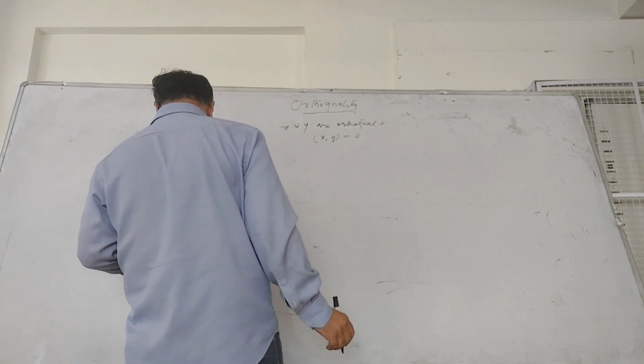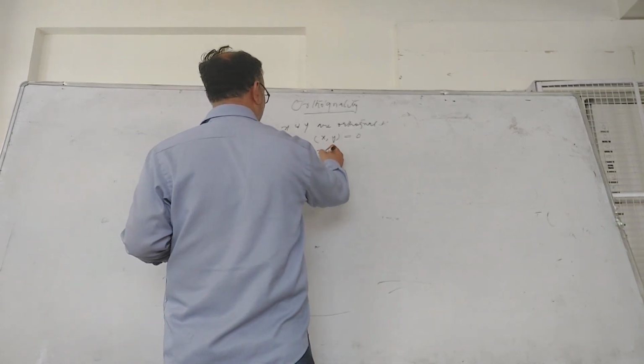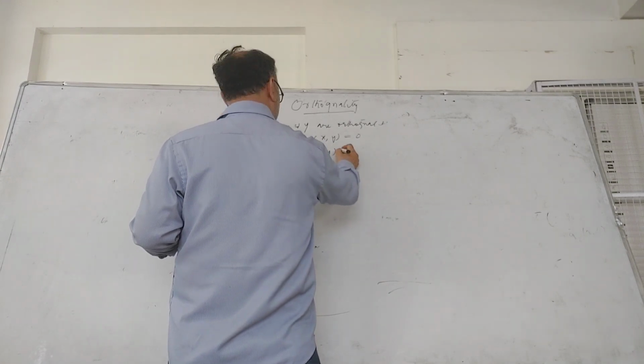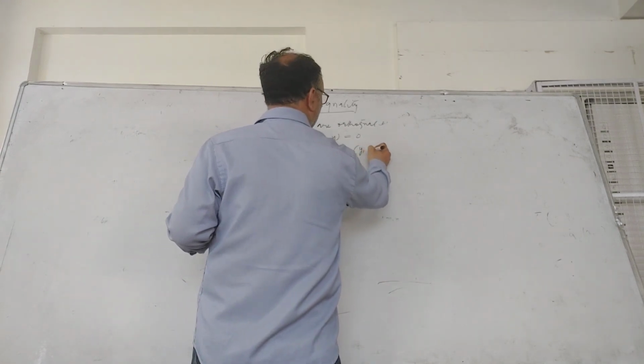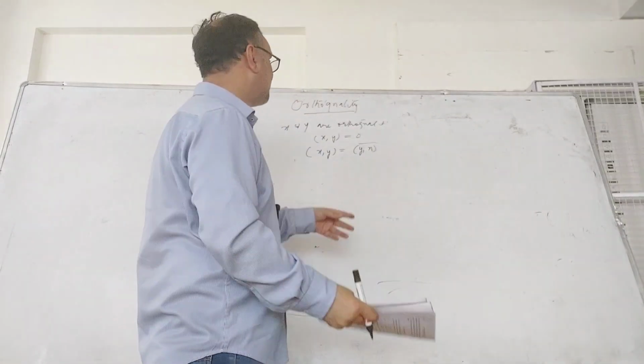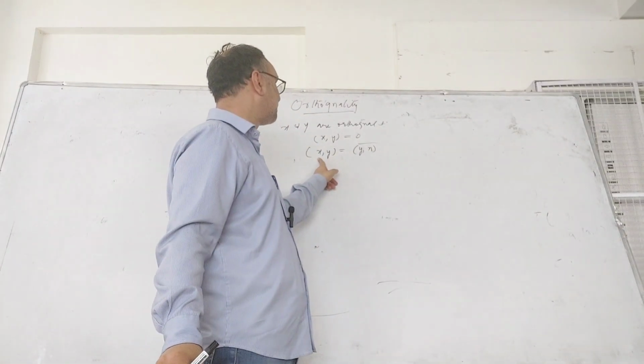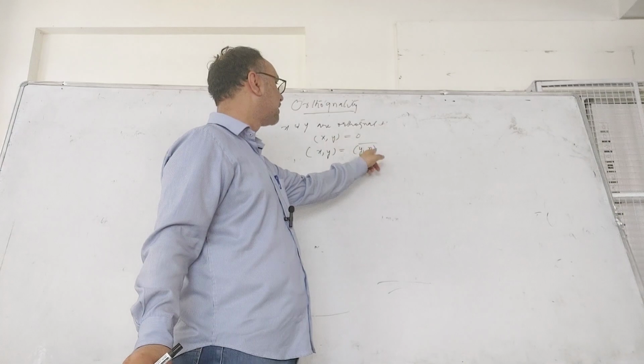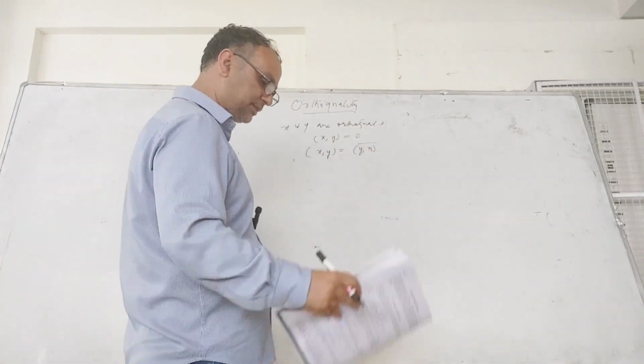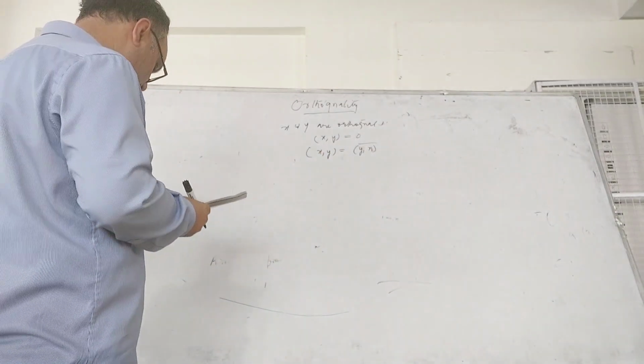And the relation is symmetric: if we flip the elements x, y to y, x, we get the complex conjugate of it. The symmetry is involved.